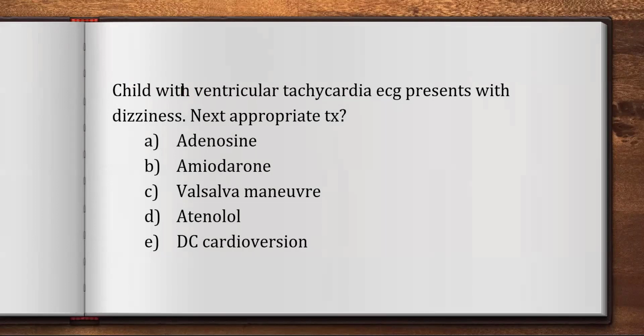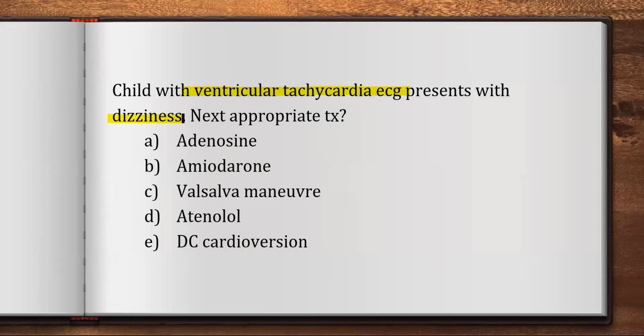Next, a child with a ventricular tachycardia ECG presents with dizziness. Obviously, those who are our students, you guys already did the ECG class with us. You know how to find out ventricular tachycardia, and most of you also know. So ventricular tachycardia ECG, that's one thing.